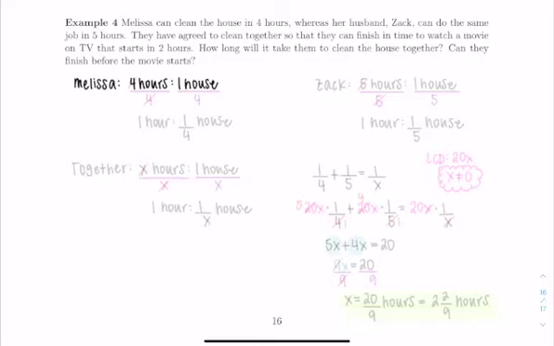In order to figure that out, because this is with 4 hours, and I want to figure out how much she gets done in 1 hour, I'm going to divide both sides by 4. And so in 1 hour, she gets 1/4 of the house clean.